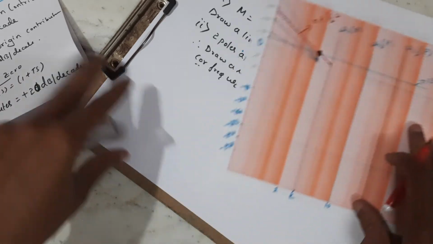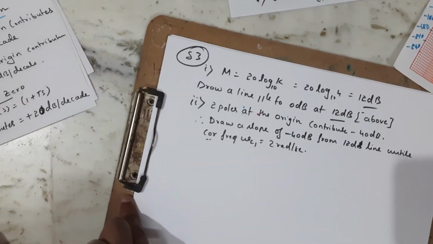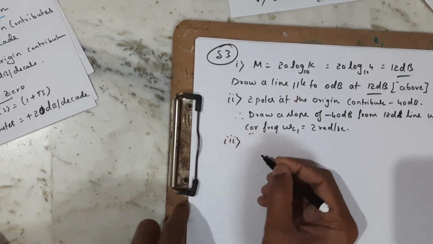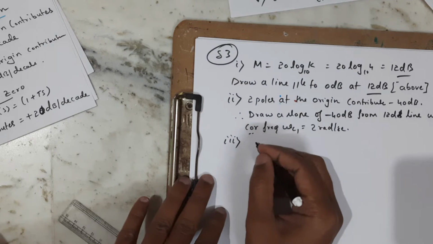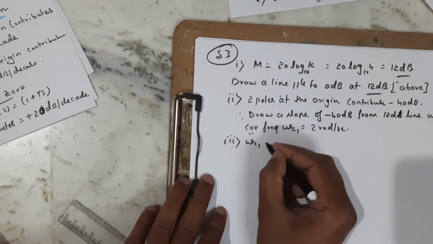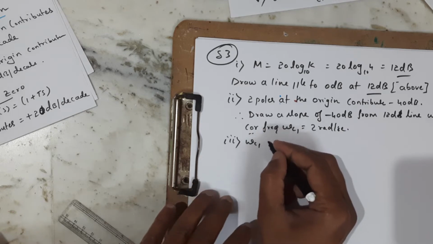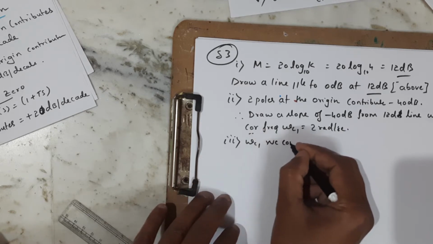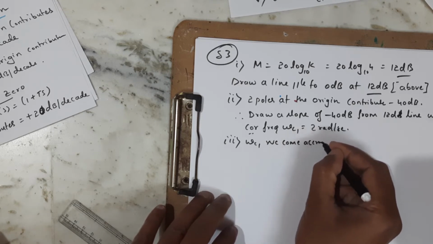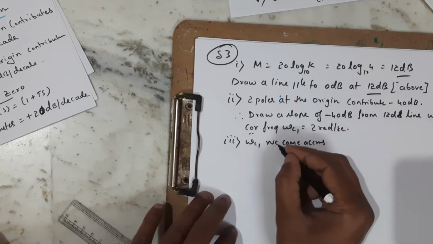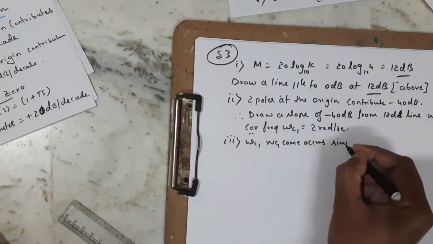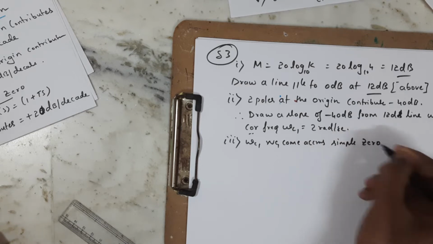Next, what is the third factor? This line comes across omega c1, 2 radians per second, where we come across a simple zero.